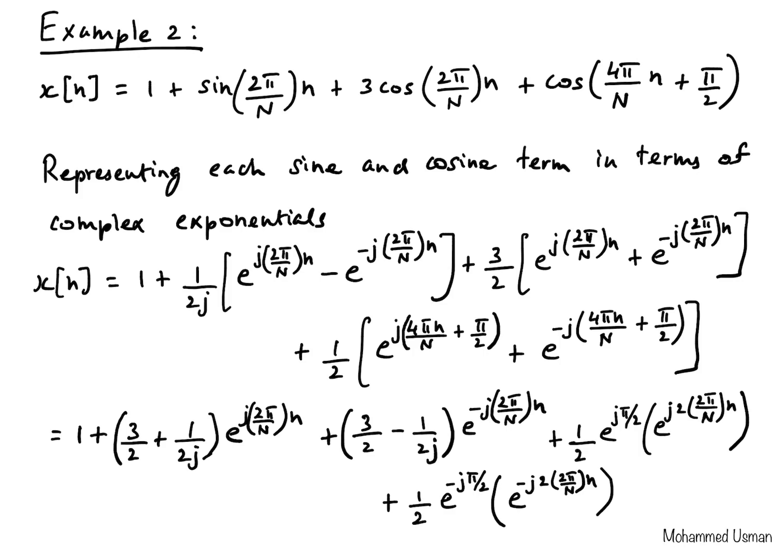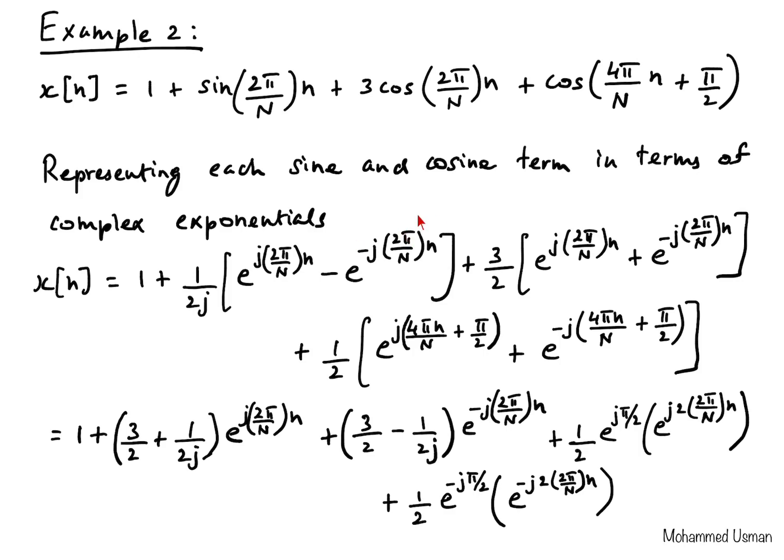Now we will combine the like terms. So we have this e power j 2 pi by N times n, and we have the same term here, e power j 2 pi by capital N times small n. So we will take these common terms. This term has a multiplying factor of 3 by 2, and this term has a multiplying factor of 1 by 2j. So e power j 2 pi by N times n has this overall factor 3 by 2 plus 1 by 2j.